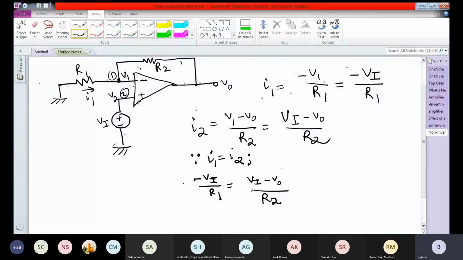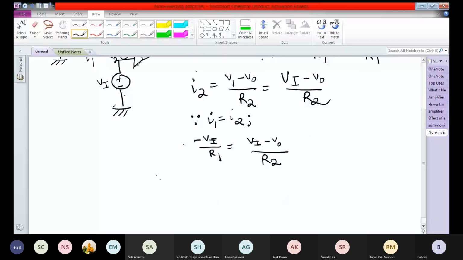From which I can find my AV, and it will work out to be 1 plus R2 by R1.